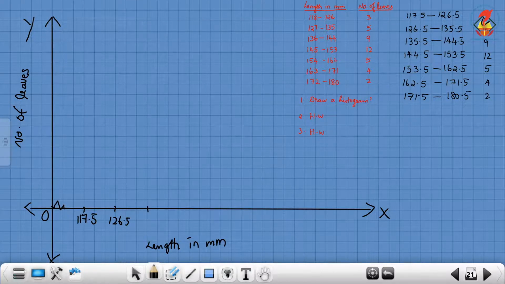Next 135.5, 144.5, 153.5, 162.5, 171.5, 180.5.